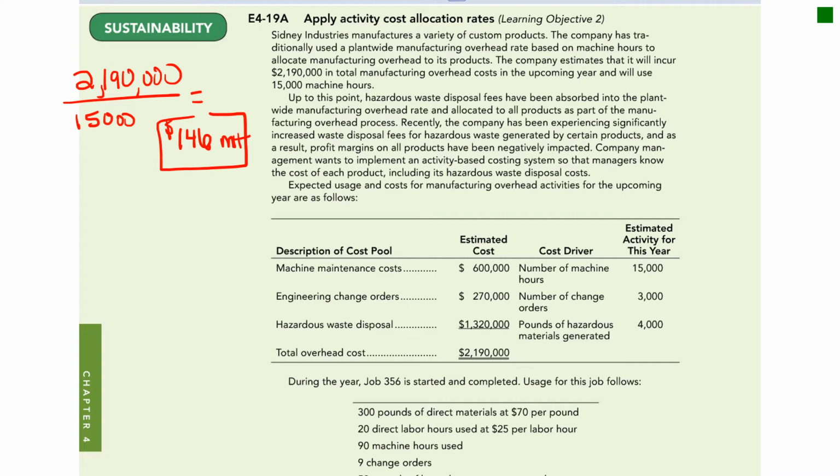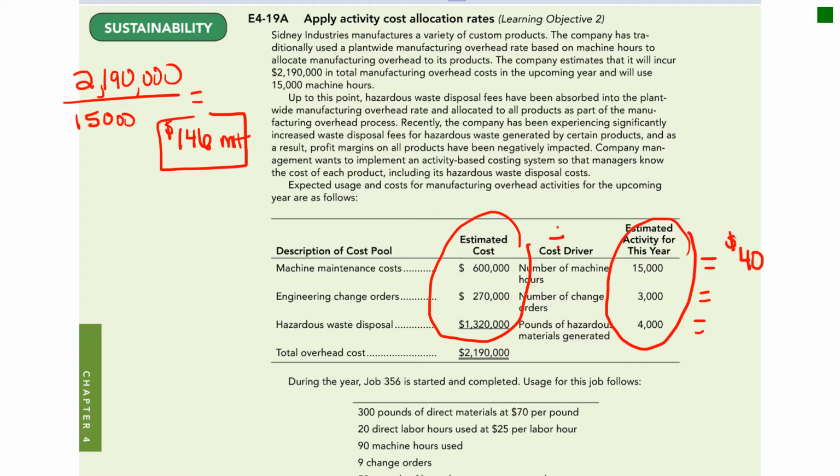Now, when you go to the second part to get the overhead rates, let's do that right here. You take each of these numbers and divide by these activity bases. So 600,000 over 15,000 is going to be $40 per machine hour.